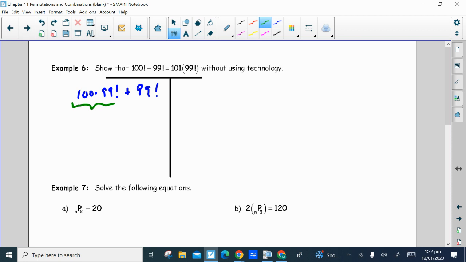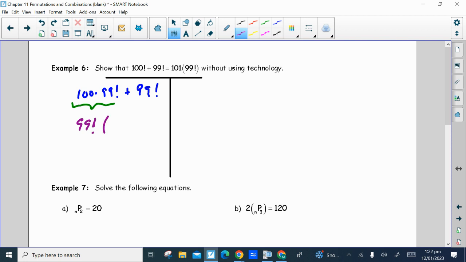Start with 100, your next number that you're multiplying by is 1 less, and you can keep going until you get down to 1 if you want, or you can stop anywhere you want as long as you put a factorial on the end of that last number. So that's equivalent to just 100 factorial. But now I have two terms here, and there's a common factor of 99 factorial that I can take out from that expression.